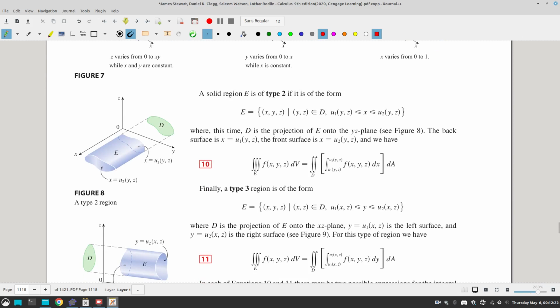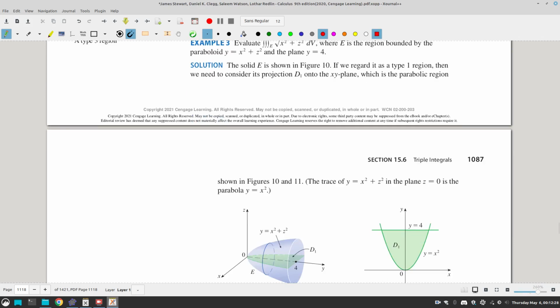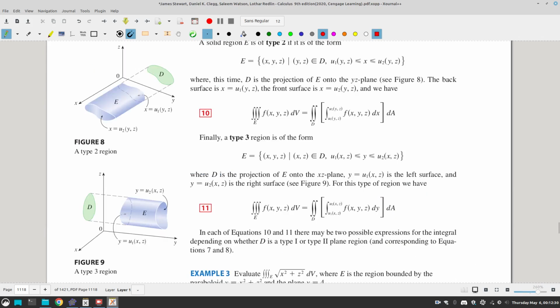Now let's look at type 2 and type 3 regions. They're very similar to type 1 region.